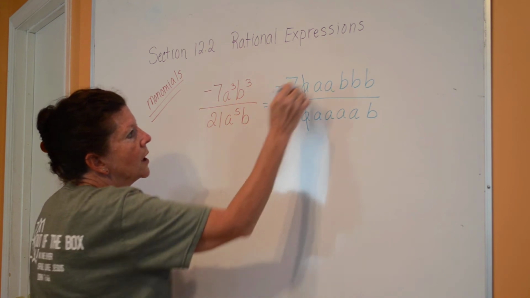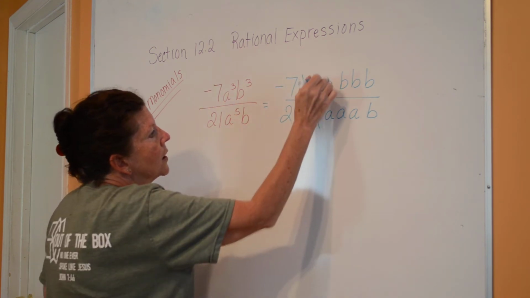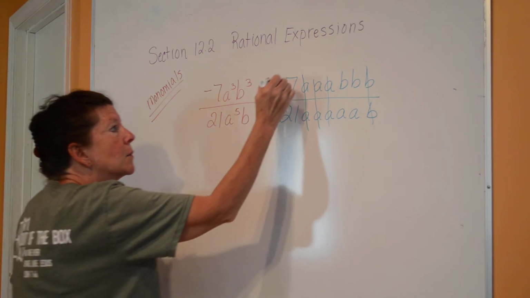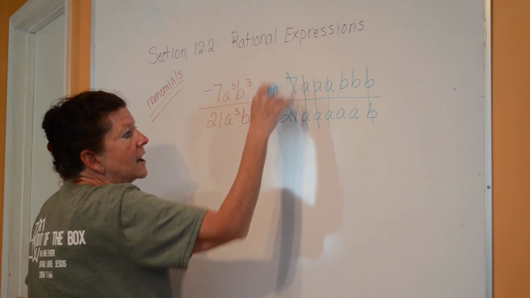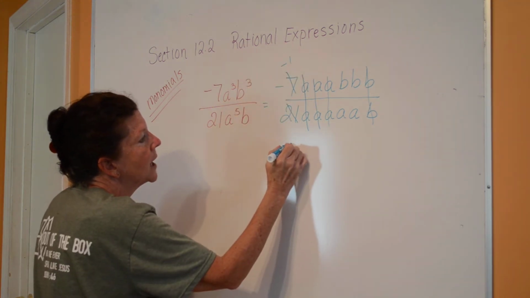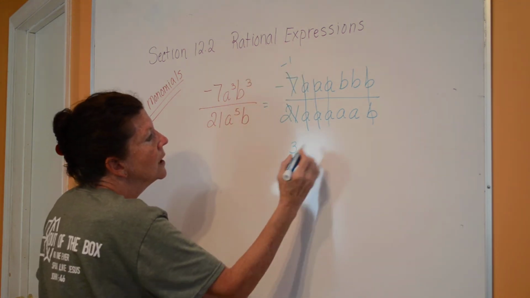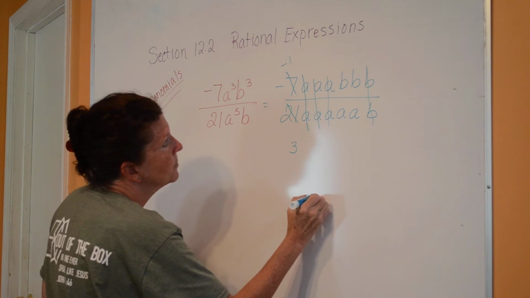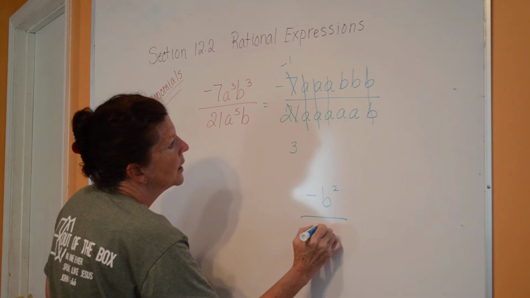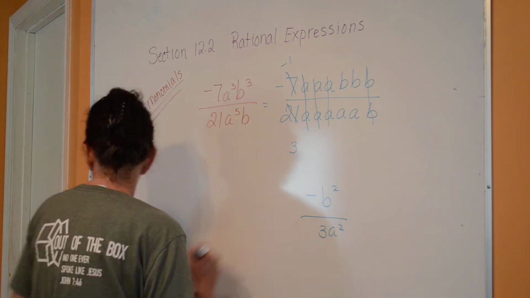Those two equal 1. Those two equal 1. Those two equal 1. And those two equal 1. Then I can divide the top and the bottom both by 7, so that gives me a negative 1 on the top and a 3 on the bottom. So my final answer would be negative b squared on the top and 3a squared on the bottom.